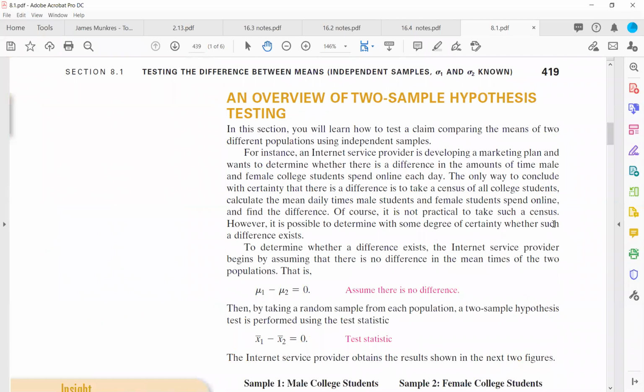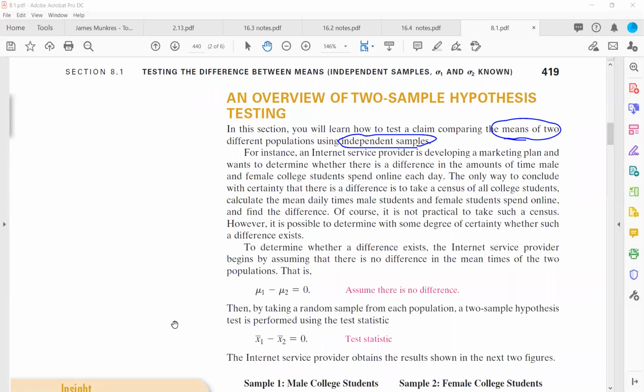Very well. An overview of two-sample hypothesis testing. In this section, you'll learn how to test a claim comparing the means of two different populations using independent samples. So there is no connection between those two samples.